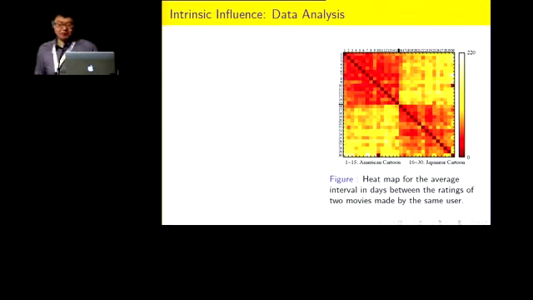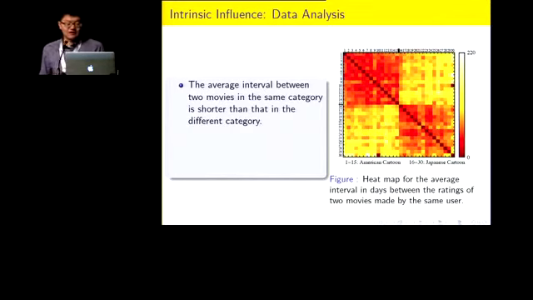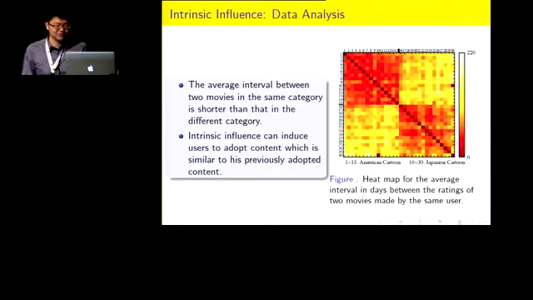From this heat map, we can observe that the average interval between 2 movies in the same category, that is this part, is much shorter than for different categories, that is this part. From this observation, we can see that the intrinsic influence can induce users to adopt content similar to their previously adopted content. Thus, the intrinsic influence can lead events to happen in the social networks.